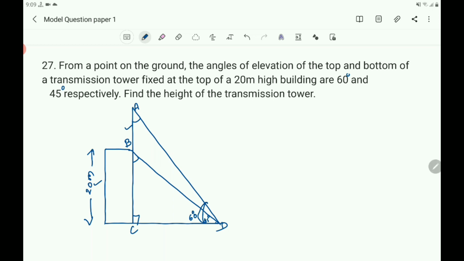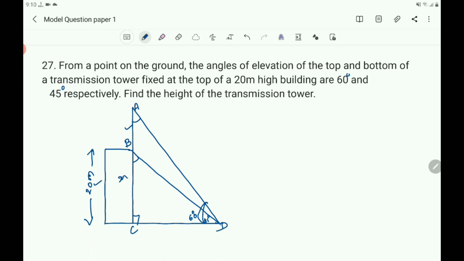Here the bottom is here and top is here. We have to find the height of the tower, means AB we have to find out. And how will you get the AB? First you find the length of AC, and BC is given. BC is the same, that is 20 meter.